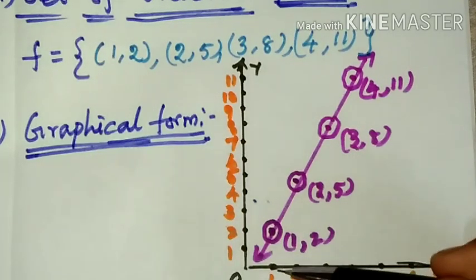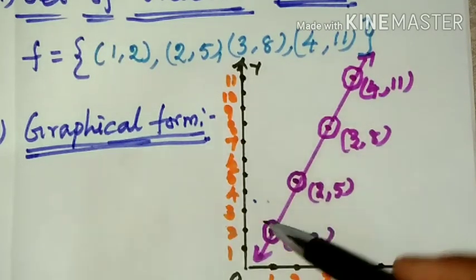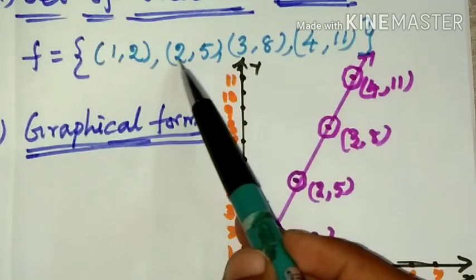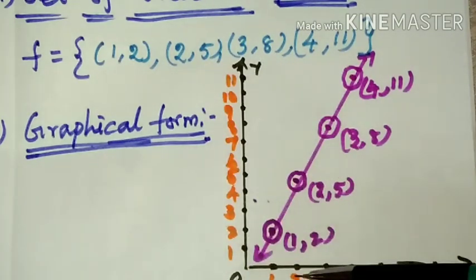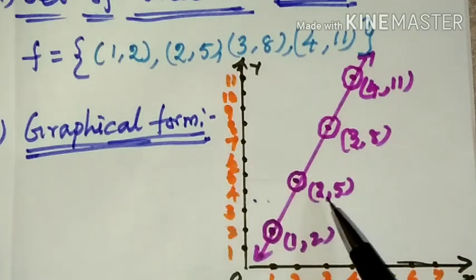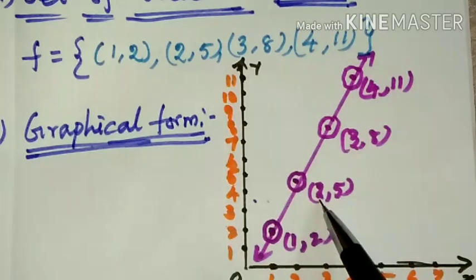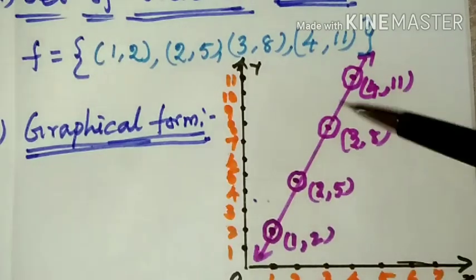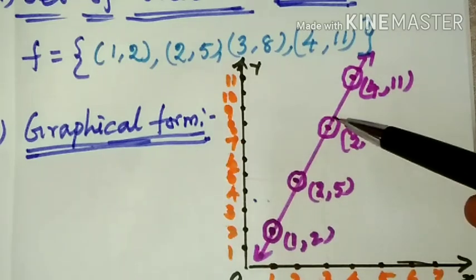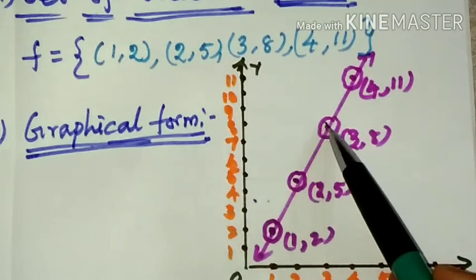So you mark 1 on the x coordinate and 2 on the y coordinate. We get the point 1, 2. The next point 2, 5: 2 on the x coordinate and 5 on the y coordinate. We get the point 2, 5. Then the next point 3, 8: 3 on the x coordinate and 8 on the y coordinate.